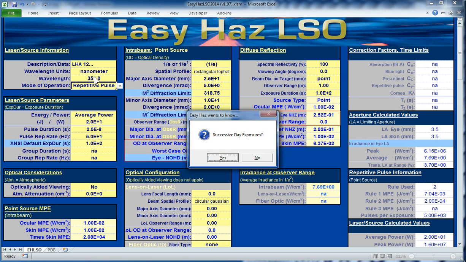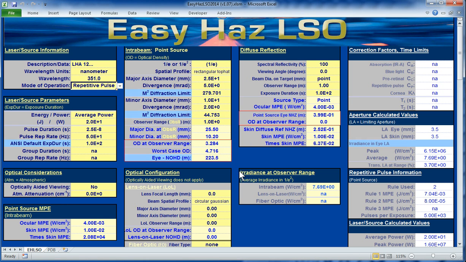Another wavelength we'd like to look at is 351. This can be produced. We'll start off by saying yes, and we'll see this wavelength isn't nearly as hazardous as the other two wavelengths. Okay, but it certainly presents a hazard. It's 20,000 times the skin MPE. So again, we want to ask ourselves, what kind of control measures do we want to have in place?